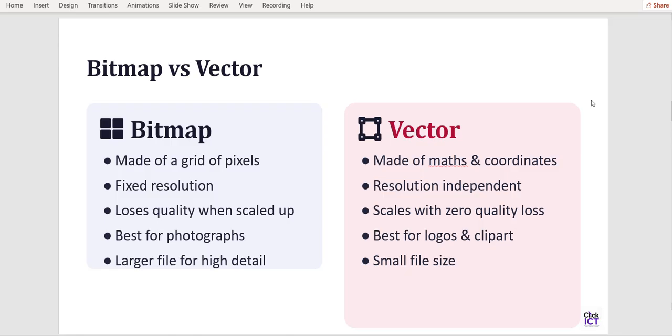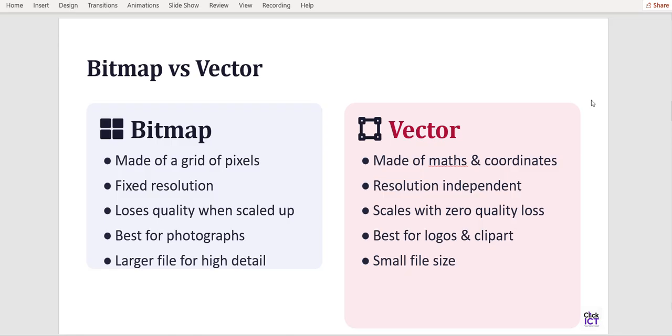Bitmap images are best for photographs because they give realistic information, and vector images are good for logos and clip art. A bitmap image has a larger file size because more detail means more pixels, more pixels mean more binary code, and more binary code means a bigger file size.